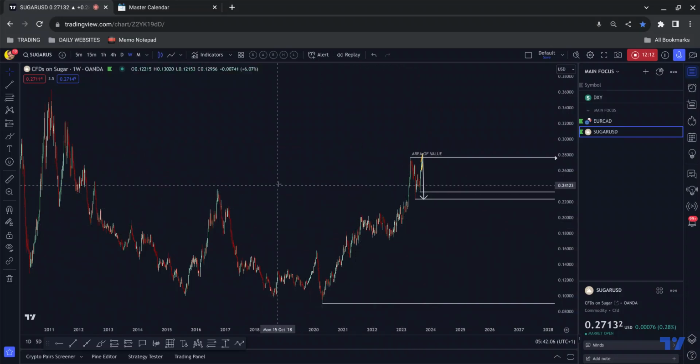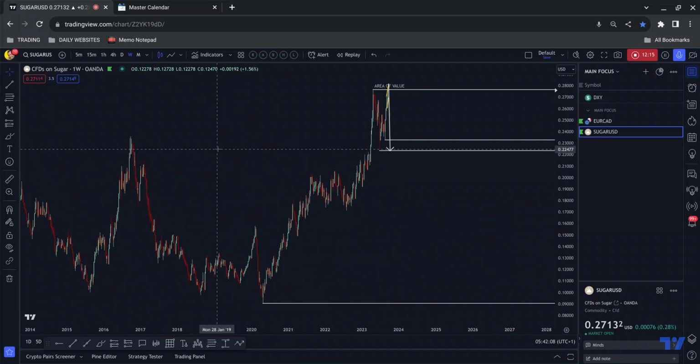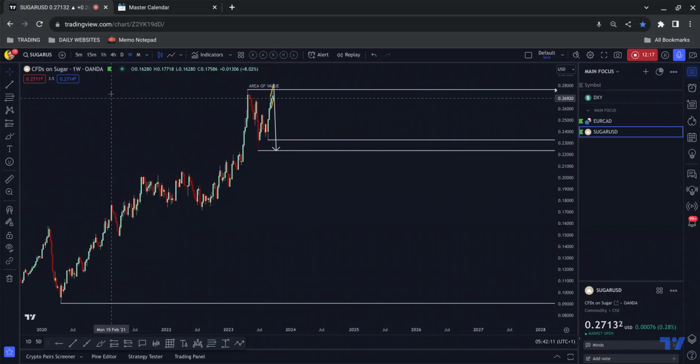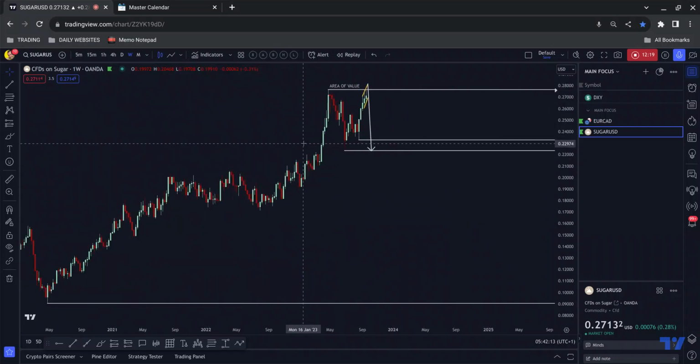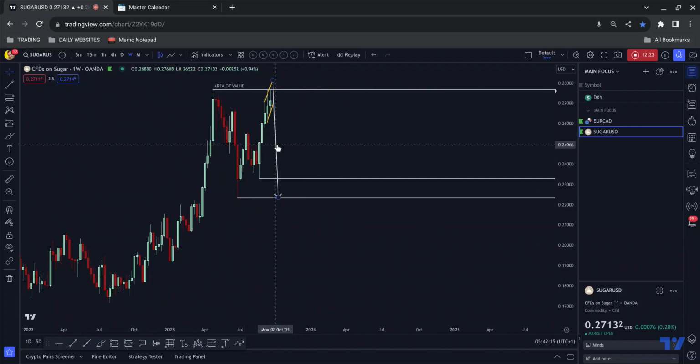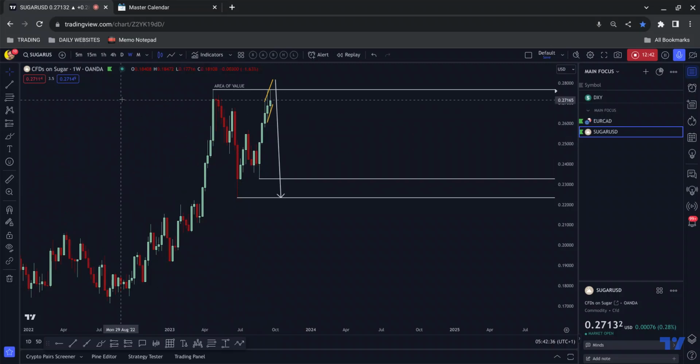There's not too much to see on the weekly chart. What we do have though, so I just moved this, there's something I wanted to touch on, which I've just remembered. So we have this area of value here, and we have this near miss again here. Remember me talking about when we have a near miss to this area, or to an area like this, price is more likely to find its way down to there because we didn't quite tap into it. Okay, for the reasons previously expressed on Euro CAD.